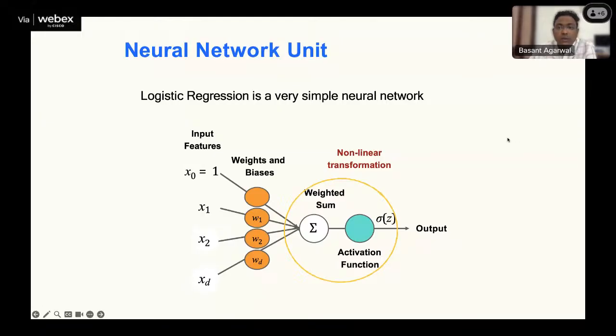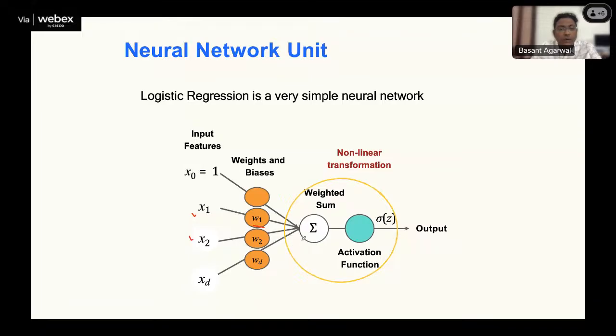Okay, so let's start with logistic regression. Everyone of us already knows that this is a simple logistic regression architecture in which we have weights and connections. For example, we have three inputs x1, x2, x3, and so on, and with each input we have associated weights.